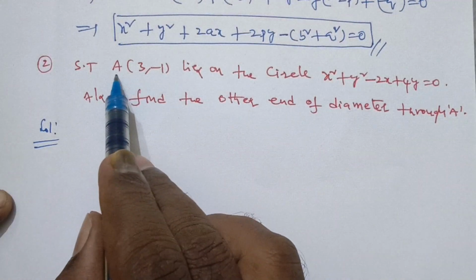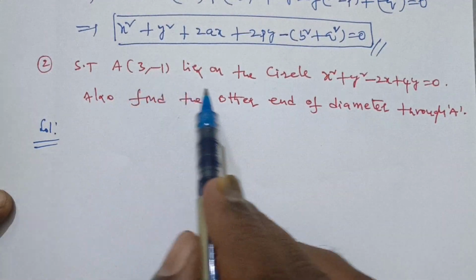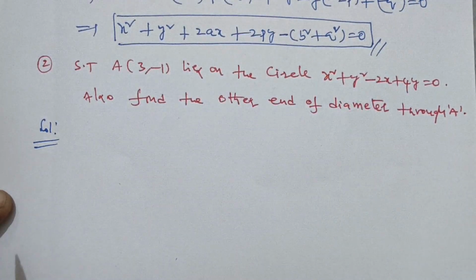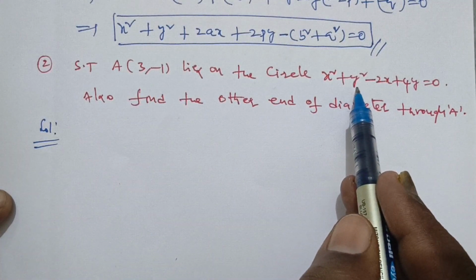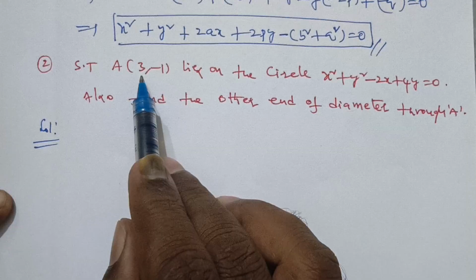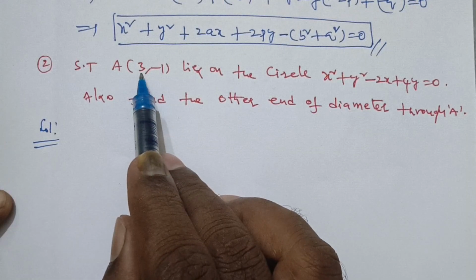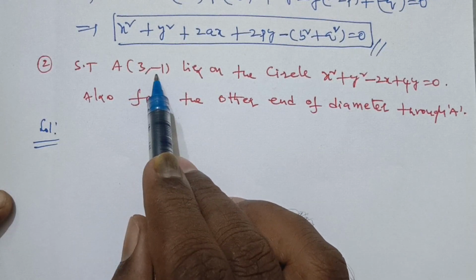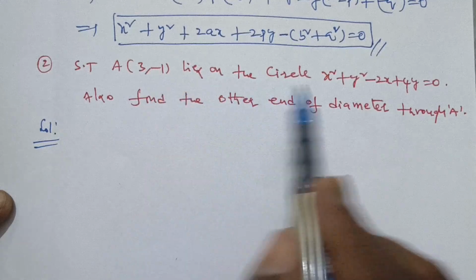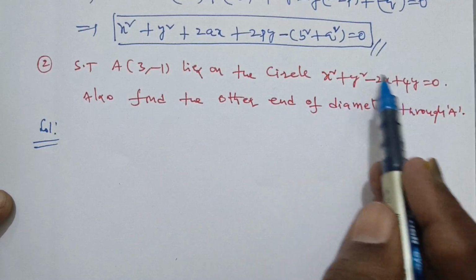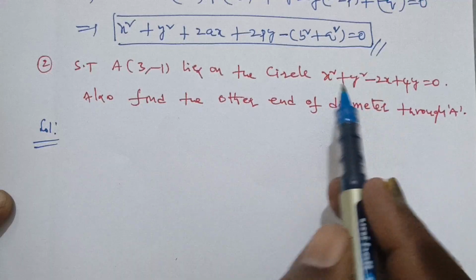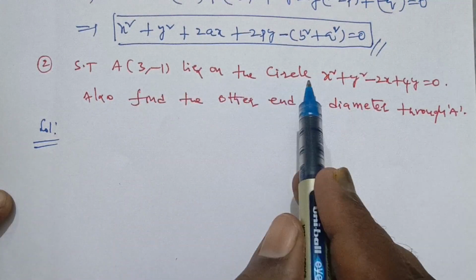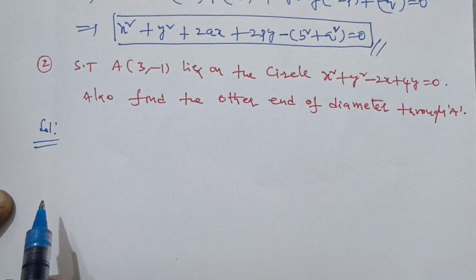First we need to show the given point A (3, minus 1) lies on the circle. How does the given point lie on the circle? If we substitute x value as 3 and y value as minus 1 in the given equation, it should be equal to 0. Then only we say the given point lies on the given circle.